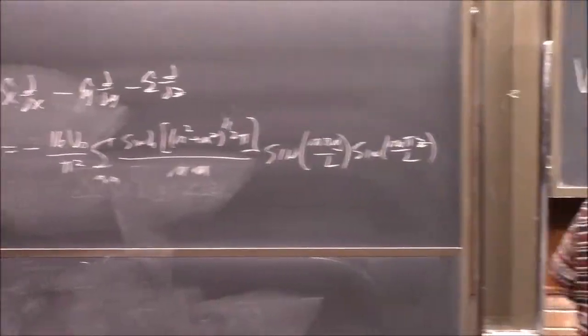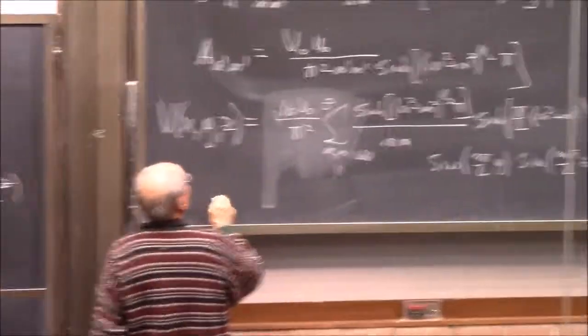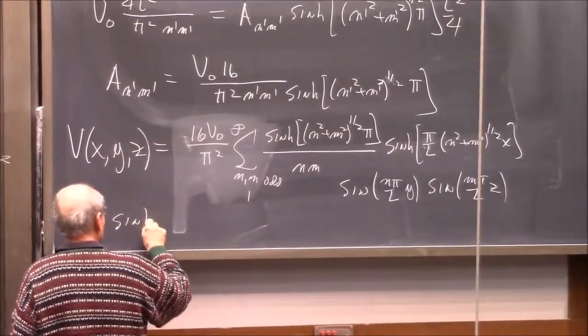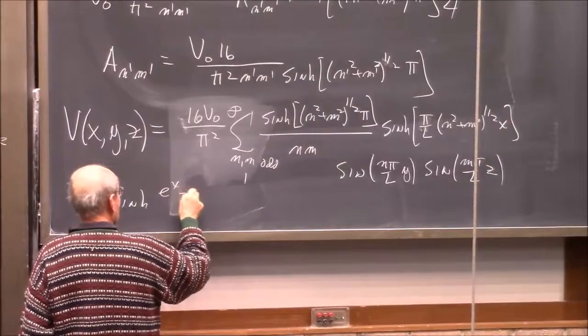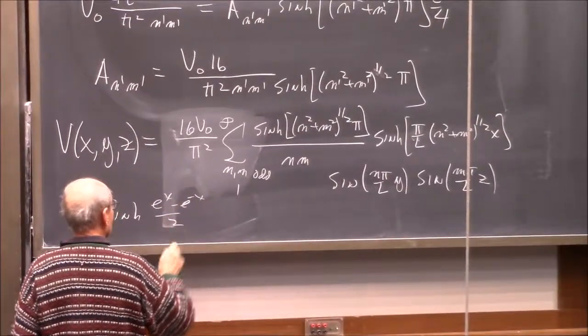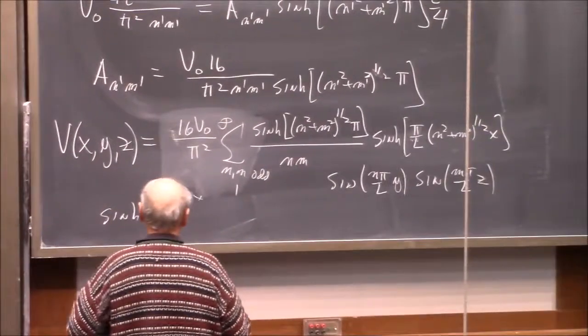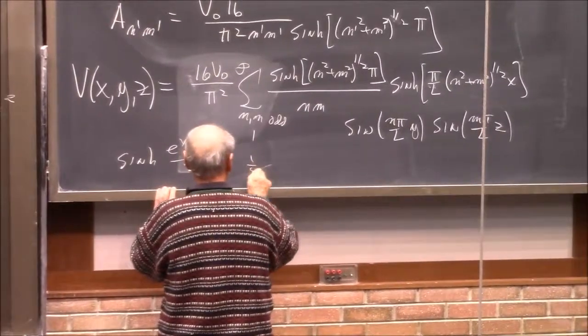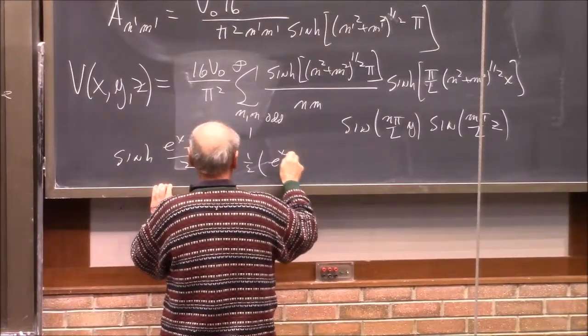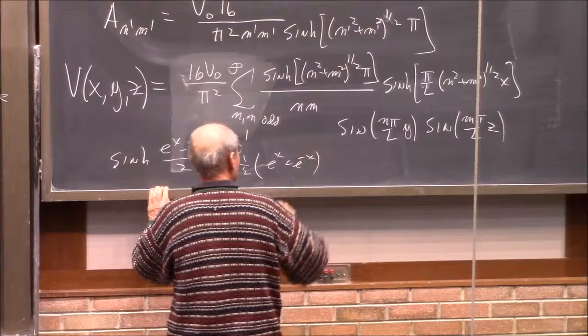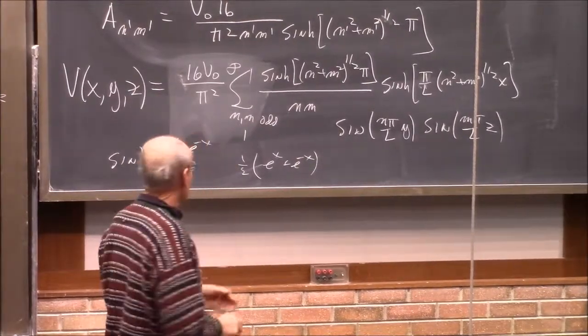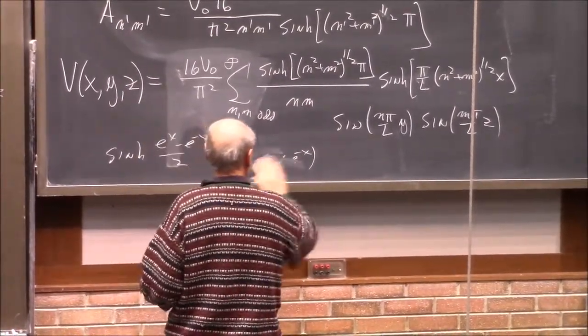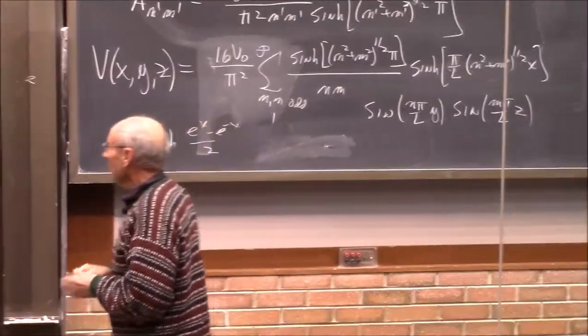Now, the derivative of sinh, remember, sinh was e to the x minus e to the minus x over 2. So its derivative, you would get 1/2 e to the x plus e to the minus x. And that's cosh. So the derivative of sinh is cosh.